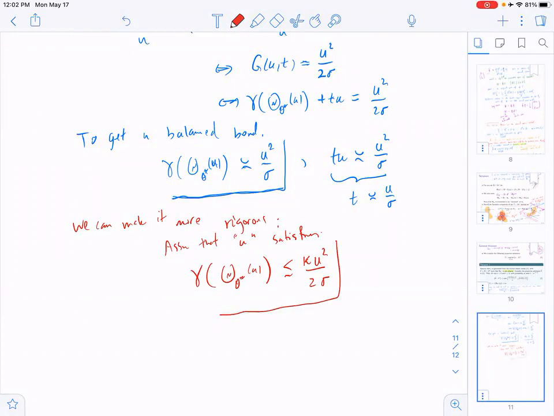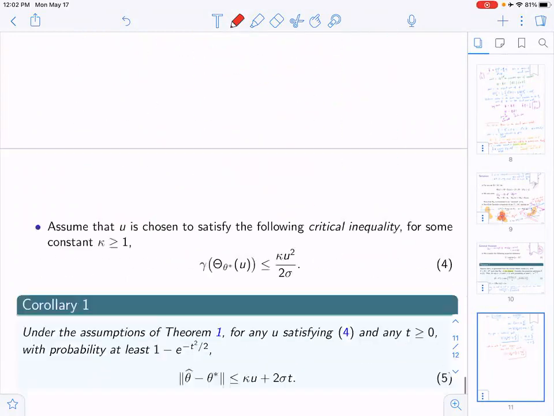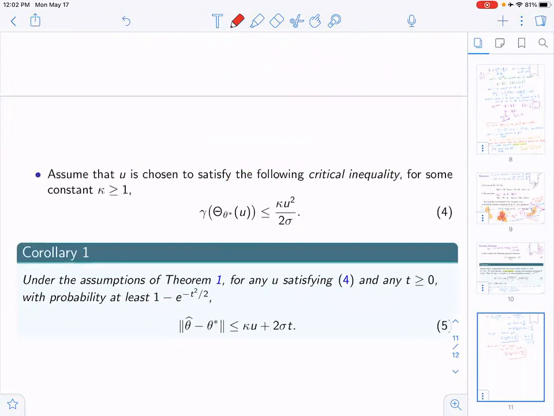If that's the case, then something like that, I could have a corollary.